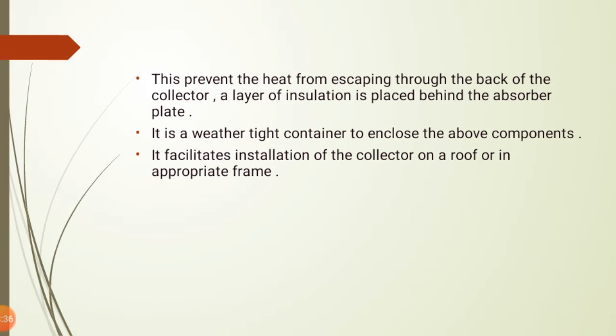This prevents heat from escaping through the back of the collector, and a layer of insulation is placed behind the absorber plate. That means there is a possibility of heat leakage or escaping through the back of the collector, but this insulation prevents the loss of that heat.